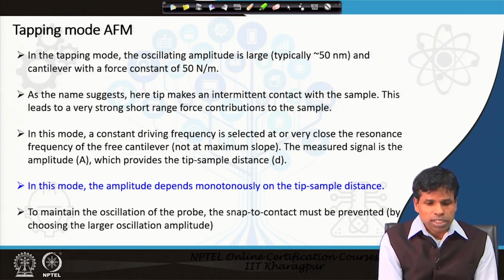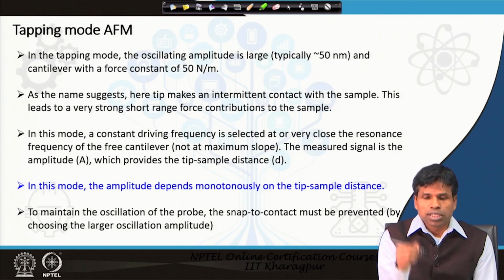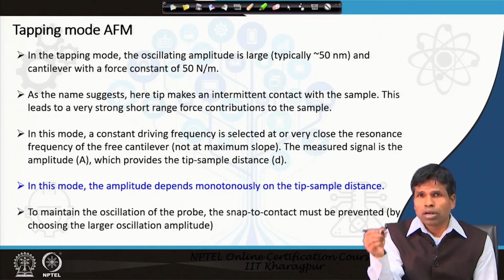As the name suggests, here the tip makes an intermittent contact with the sample. It goes, touches the sample and goes above. It goes again, touches the sample and comes up. In this way, it will go with a large oscillation amplitude, touching the sample periodically.